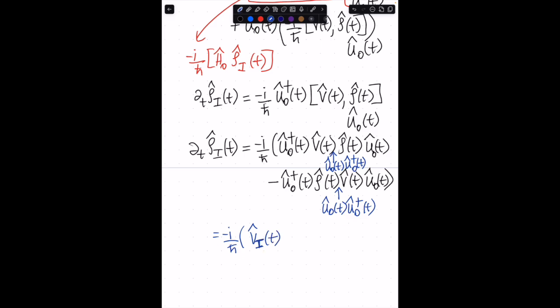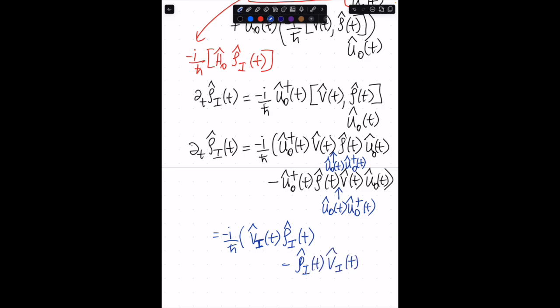From now on, I put the I at the bottom. In the previous case, I put the I at the top because they had another label K, which was put at the bottom. But in general, we put I at the bottom. Times U hat dagger(t) rho(t) U hat(t), which is again the density operator in the interaction picture, minus the density operator in the interaction picture times v I(t).